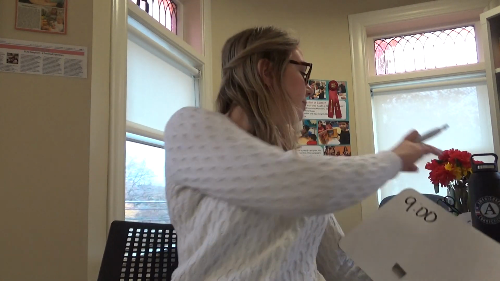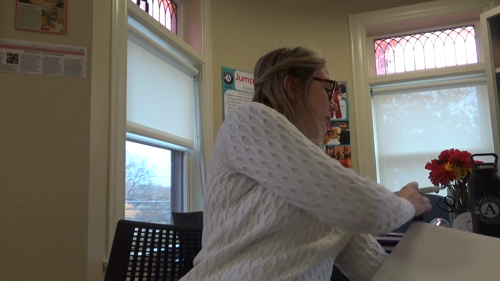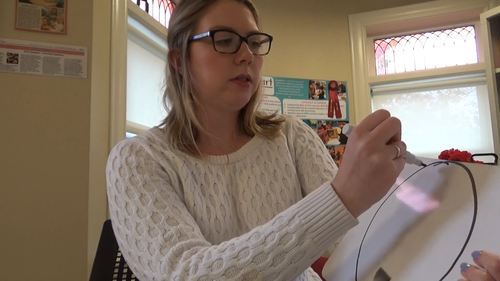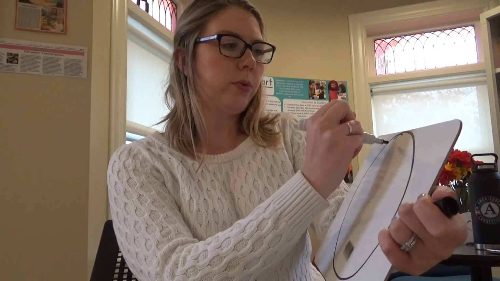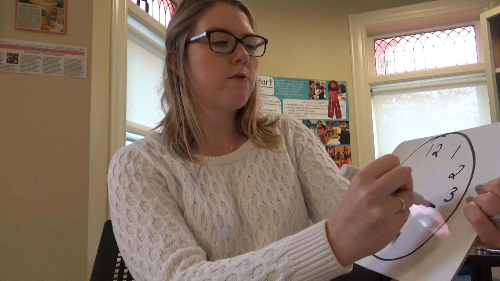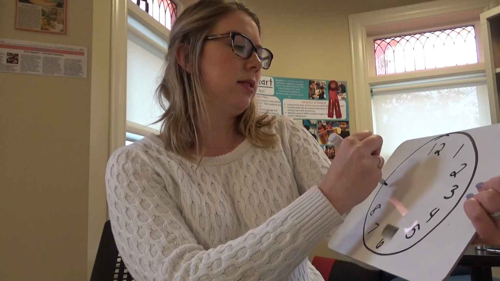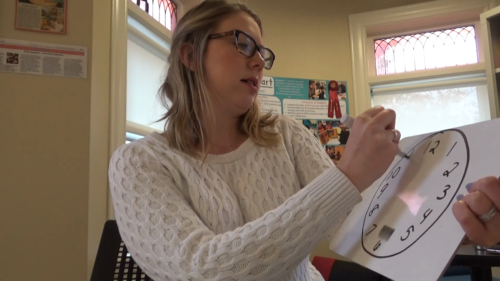but you can also tell time by looking at a clock. So the way a clock works is you have all the different numbers for the different times of the day. So we have 12, 1, 2, 3, 4, 5, 6, 7, 8, 9, 10, 11.